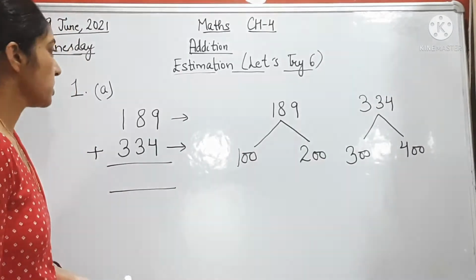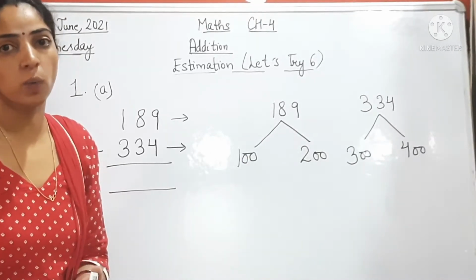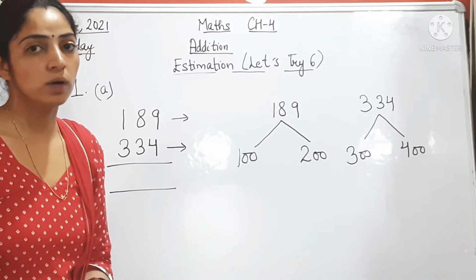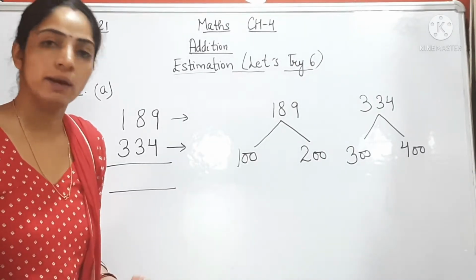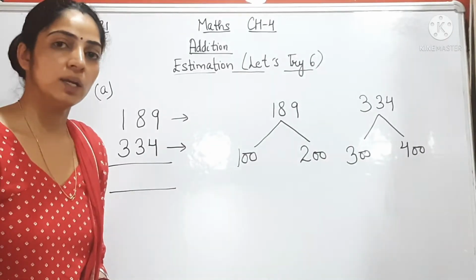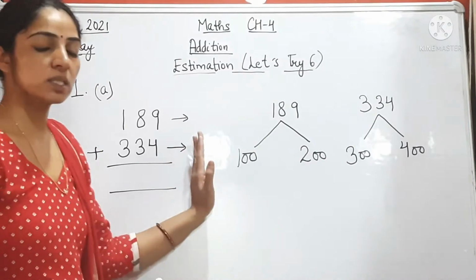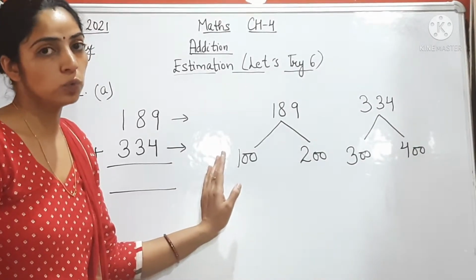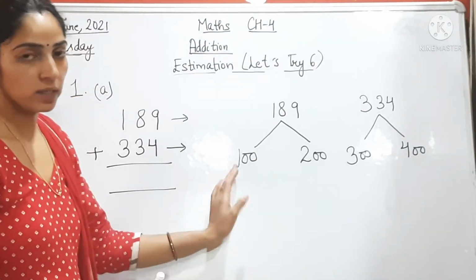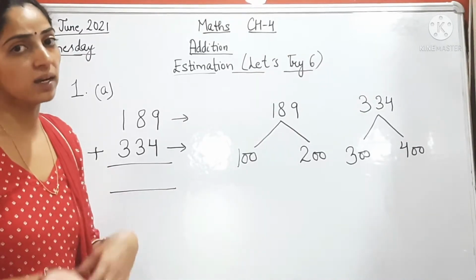So let's start. In chapter number 1 and chapter number 2 we already did estimation, or rounding the number to the nearest 10 and nearest 100. In this exercise we also have to approximate or round off to the nearest 100 and then add the numbers.